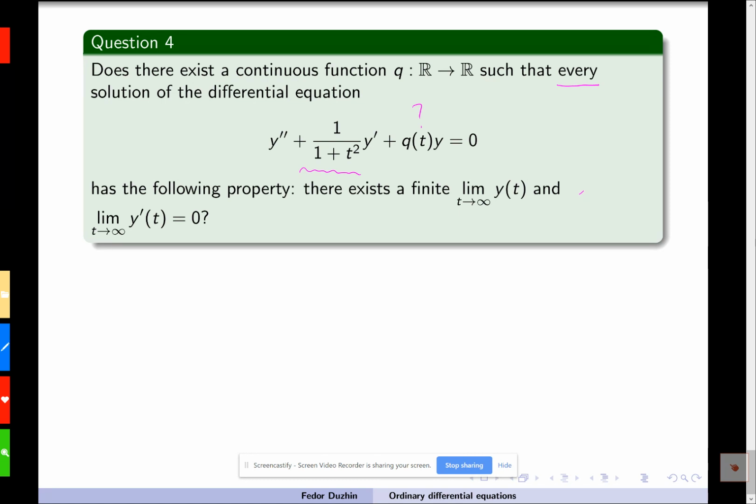Did we learn any theorems about the coefficient at y prime? Yes, we did, and this is Abel's identity.